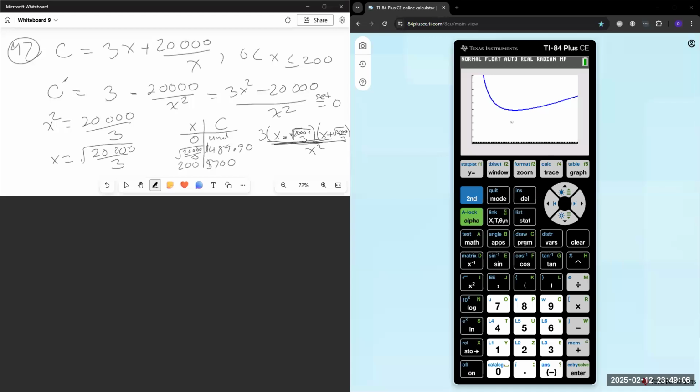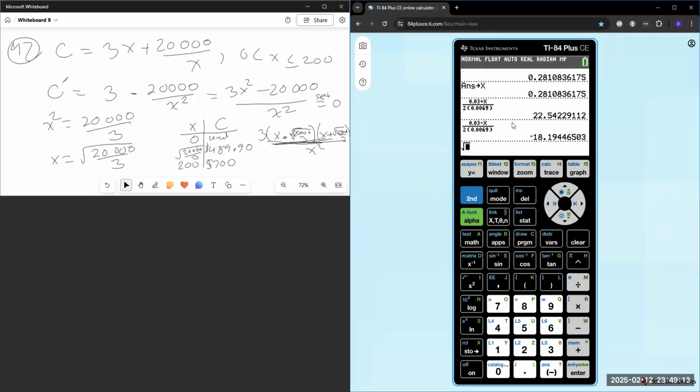And I could put something in, let's see what root 20,000 over 3 is. Root 20,000 over 3 is 81 point something, so something bigger than 0 but less than 81.6 might be like 81. So this would be a negative value times a positive value over a positive value, which would be a negative on that side.